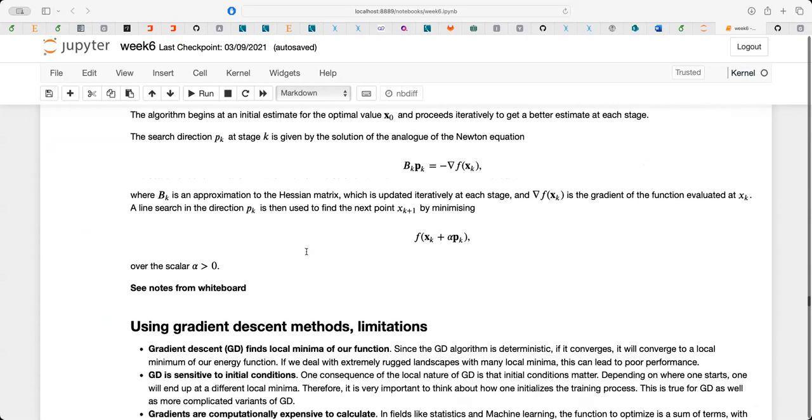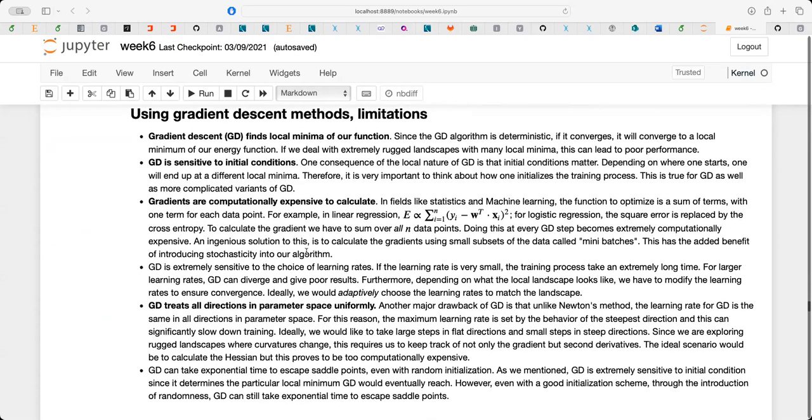If you use the plain gradient descent, which is what we will end up using, it converges to a local minimum of the energy function. The problem is that if we have rugged landscapes with many local minima, this can lead to very poor performance. In the project, we have essentially one parameter.